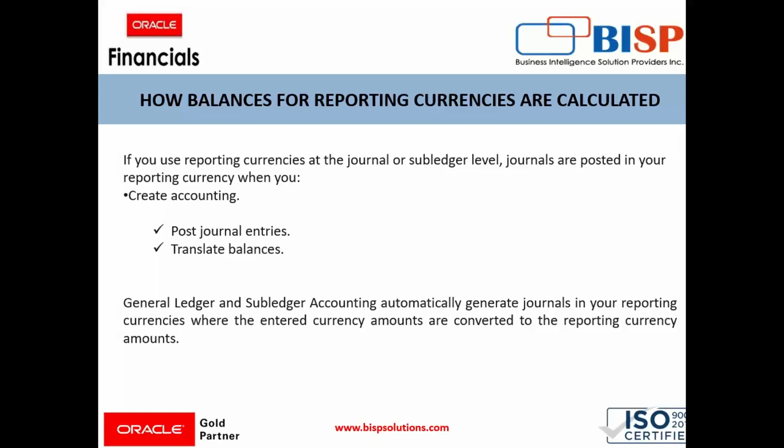So simply what we do, we first manually post the journal batch in our functional currency which is mentioned in the primary ledger. Then using the reporting currency functionality, the journal is converted automatically in our reporting currencies by using the daily rates mentioned in the conversion rate types. So we'll go in the instance and see how we manage the reporting currencies.